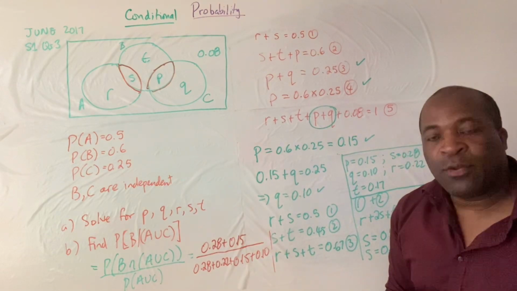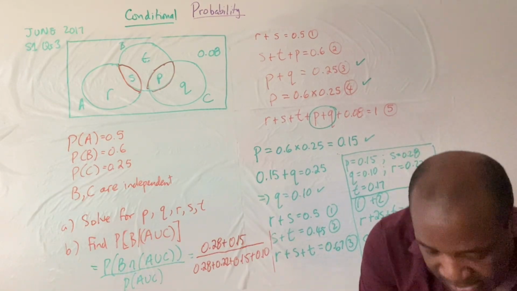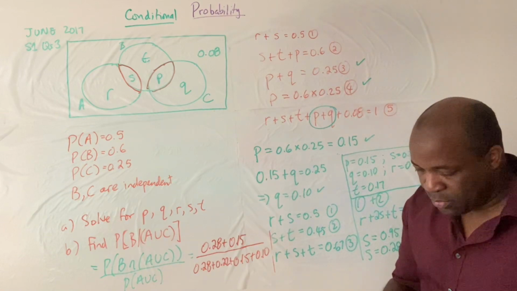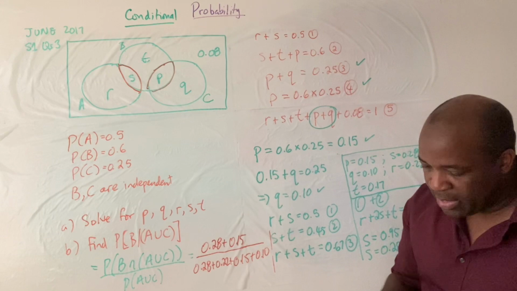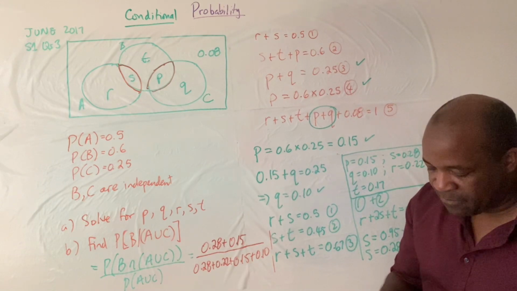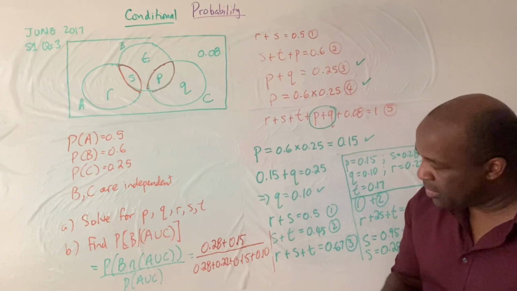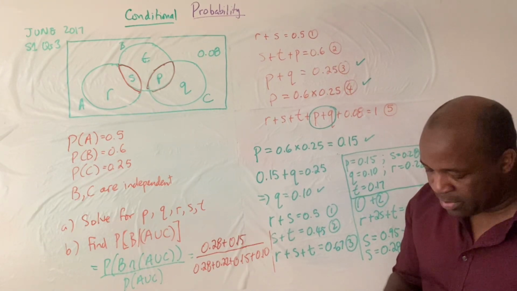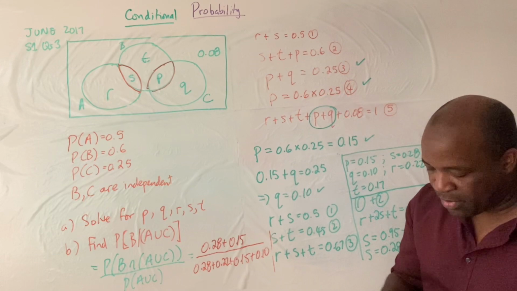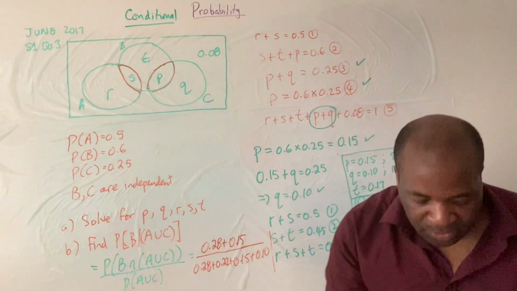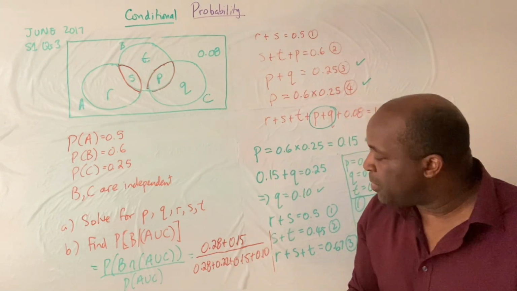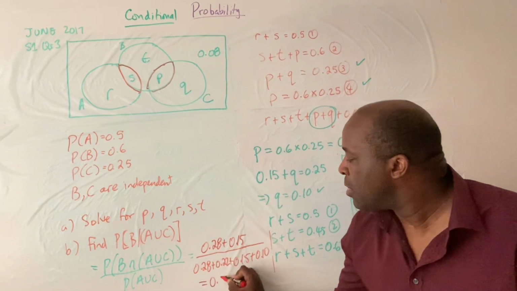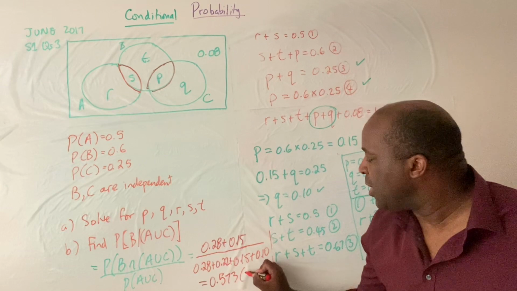And then we're going to evaluate that as best as we can. So we can use a calculator here. 0.28 plus 0.15 divided by 0.28 plus 0.22 plus 0.15 plus 0.1, and that should give us 0.573 recurring. So we have 0.573 to 3 decimal places.